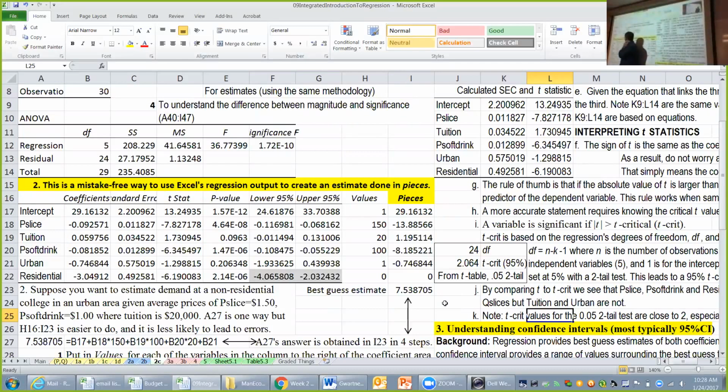The sign just follows the coefficient, because how you calculate it is the coefficient divided by the standard error, so it's always going to follow the sign of the coefficient. So kind of ignore that. It's really the absolute value of the size of the t-stat. If it's bigger than 2, we're good to go. Okay? That means these variables are significant. Questions?